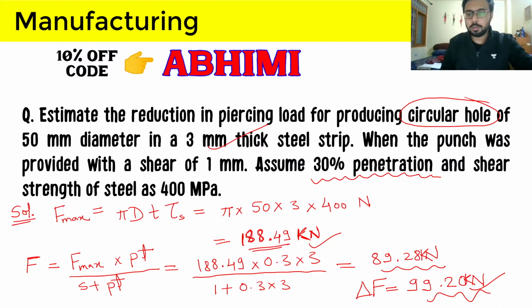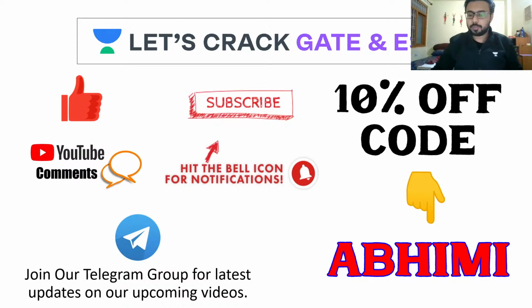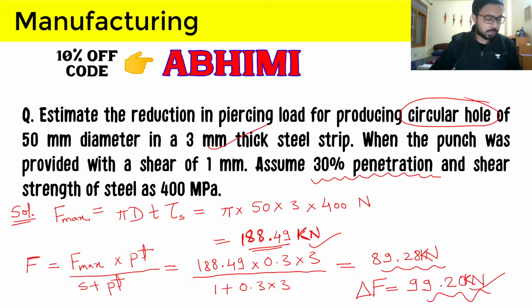Again you can see why this is happening, because we are providing a shear on the punch. So if you are providing shear on the punch, then your tool will have its maximum force reduced, because the length or the distance over which it has to cut is now more.